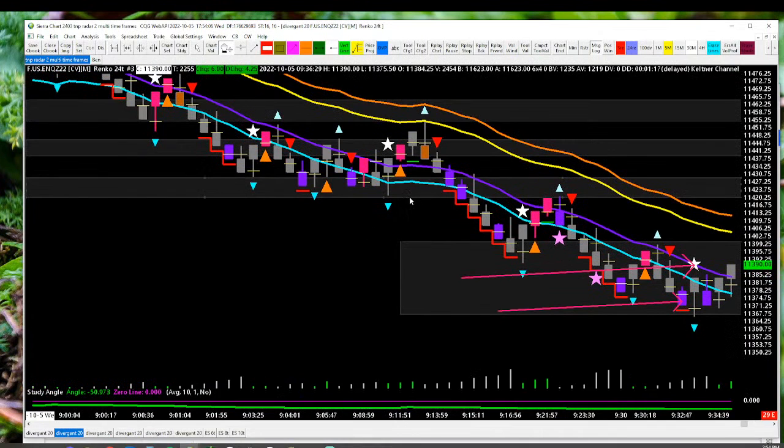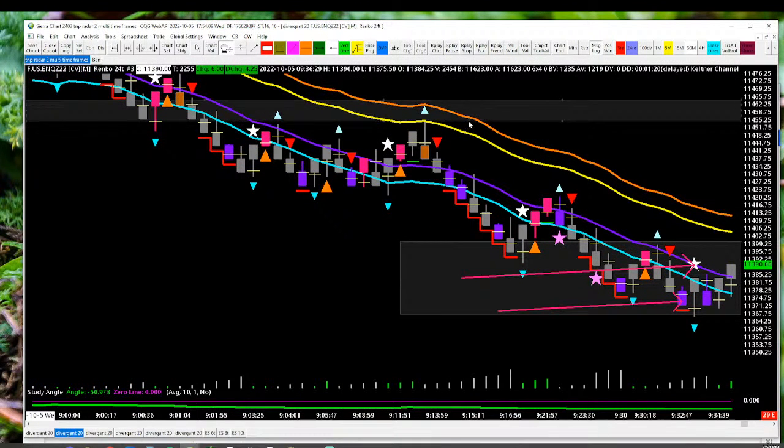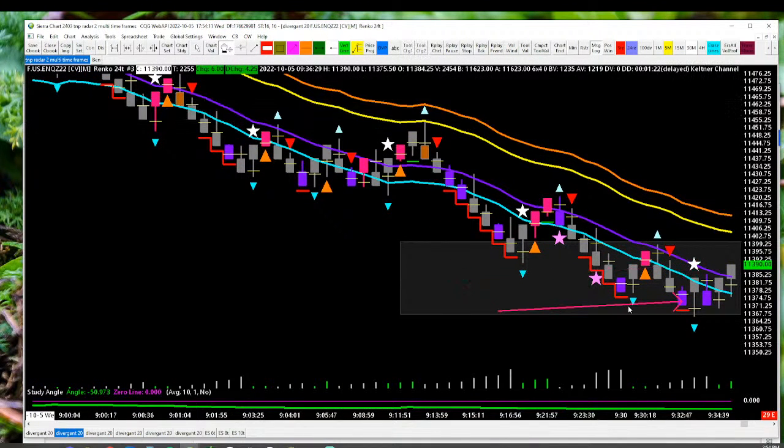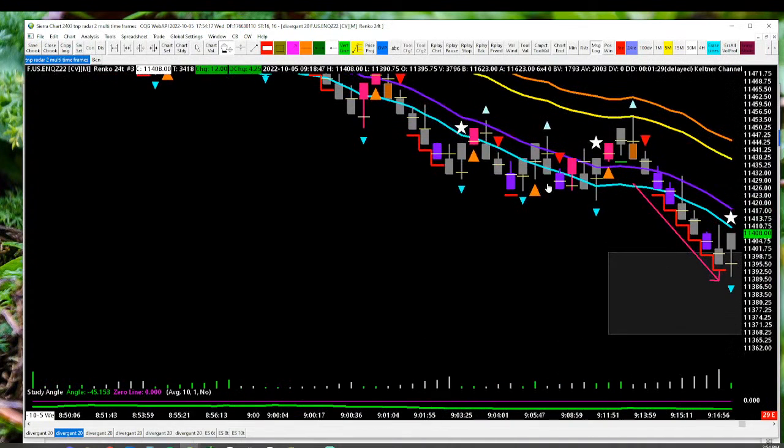All right, let me take off all the rest of these. So we knew once we got into the single prints that the likelihood is that we're going to fill the single prints. That's the expectation. And then to look for longs off the bottom.